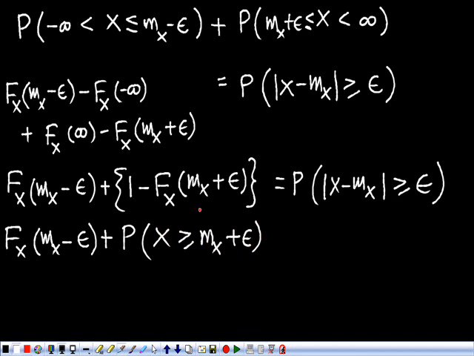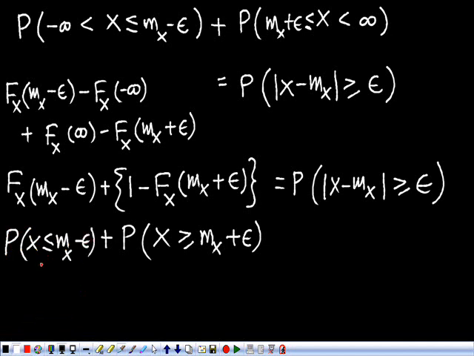See, fx of x is probability of x less than or equivalent to x. So here this can be written as x greater than or equivalent to mx plus epsilon. Similarly, what about the first one? This is probability of x less than or equivalent to mx minus epsilon. See, that's what we got.